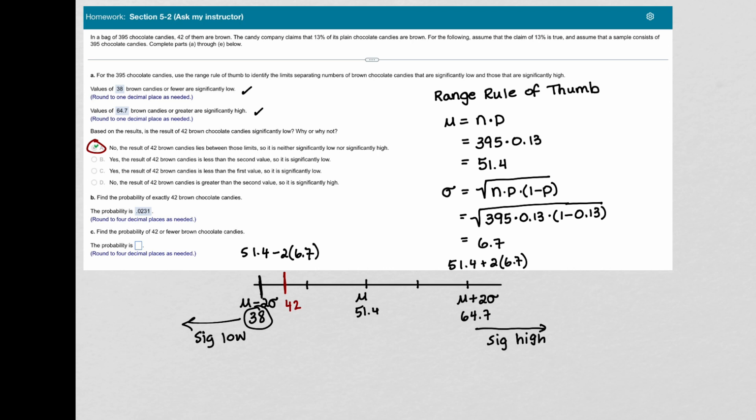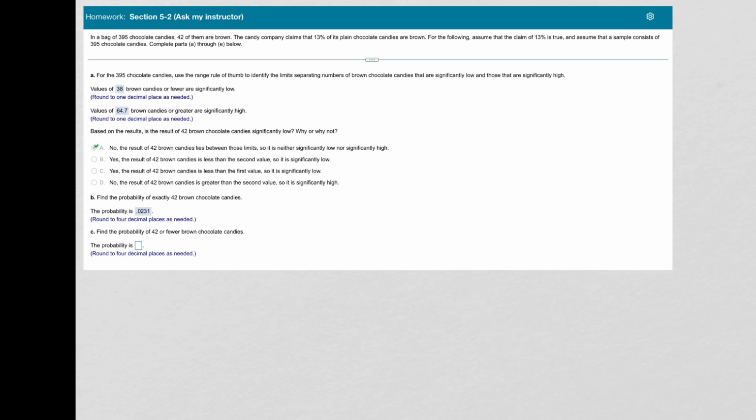Now in part B, it says find the probability of exactly 42 brown chocolate candies. Okay, so to calculate the probability of exactly 42, we're going to use the binomial probability formula.